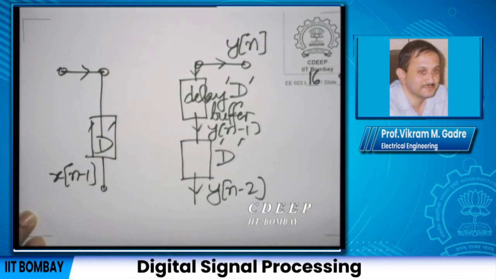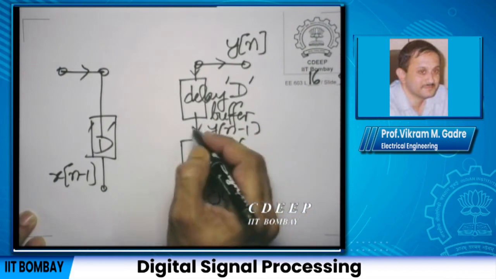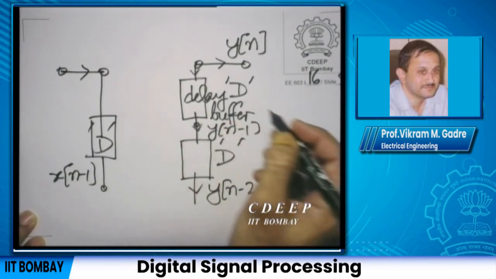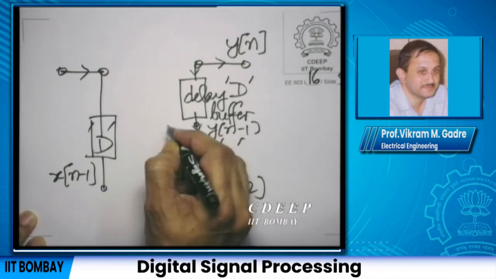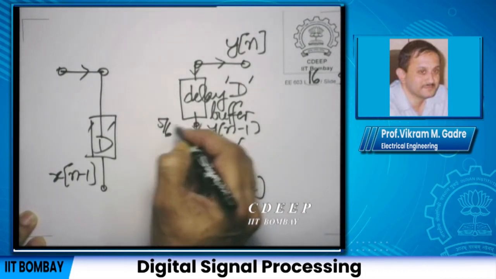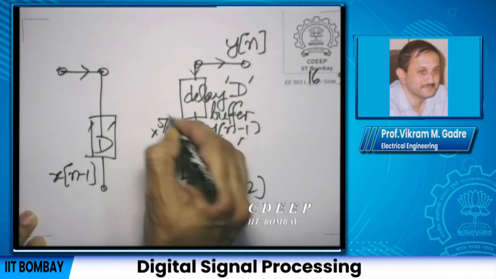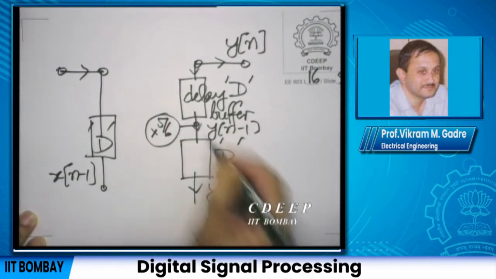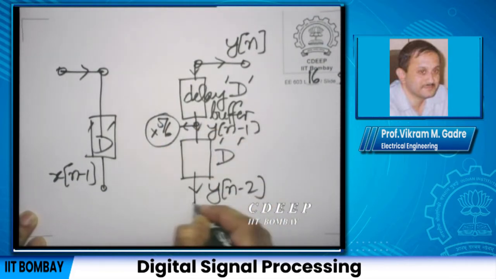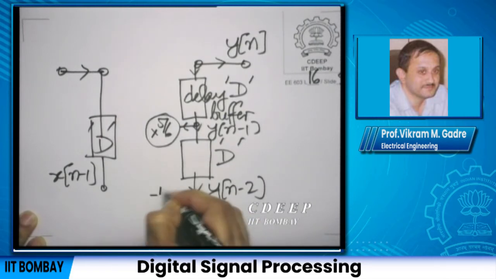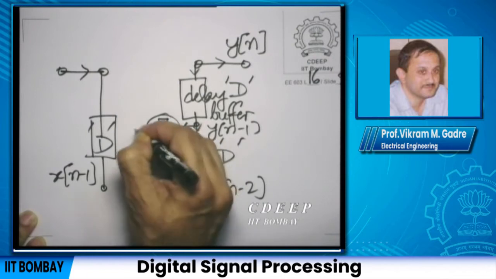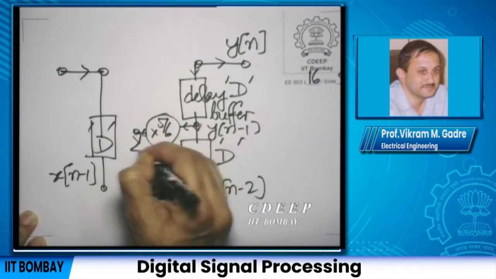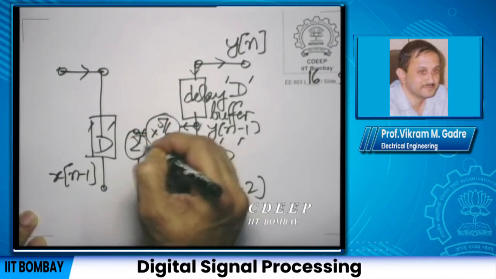Now, what does this equation tell me? This equation tells me that I have taken y of n minus 1, multiplied it by 5 by 6. I have taken y of n minus 2 and multiplied it by minus 1 by 6. I have added these two. I will show addition by a summation here.